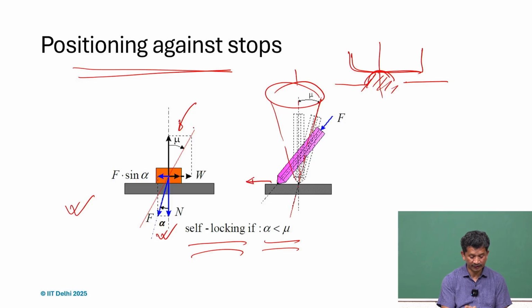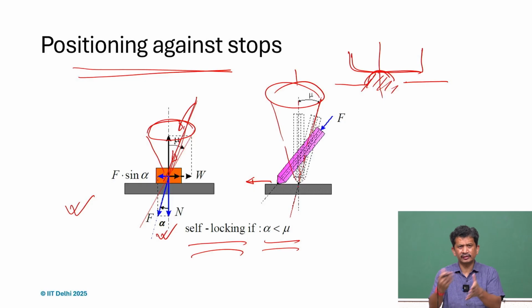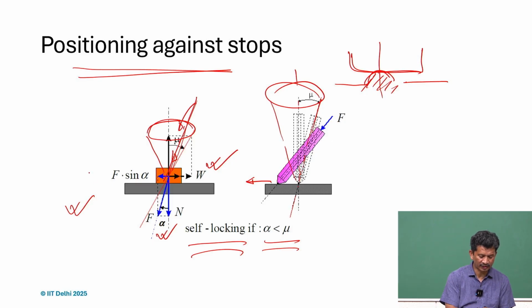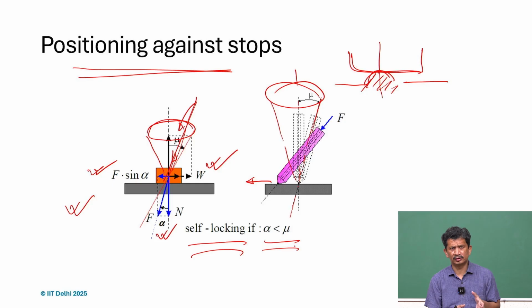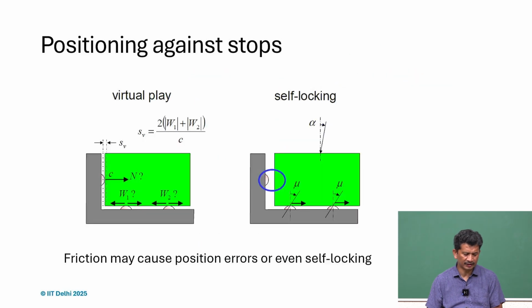But if it's within the friction cone, like in this case, then no matter how large the applied force is, the friction force will be even larger and always more than F sine alpha, and that's why it will not move. It's just the friction which is holding it. It's a self-locking.